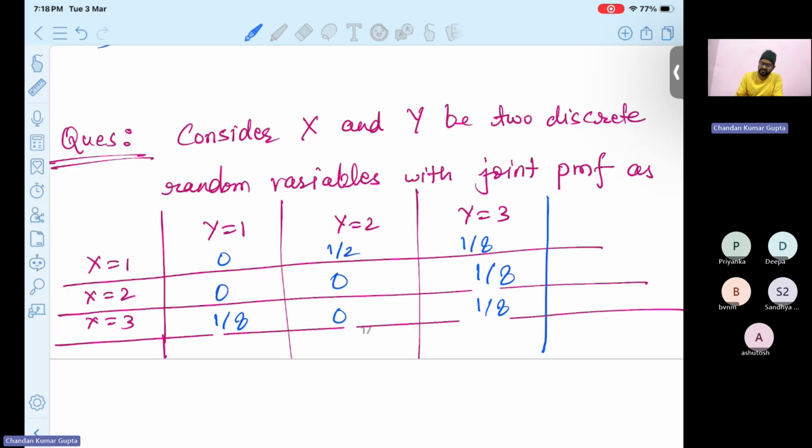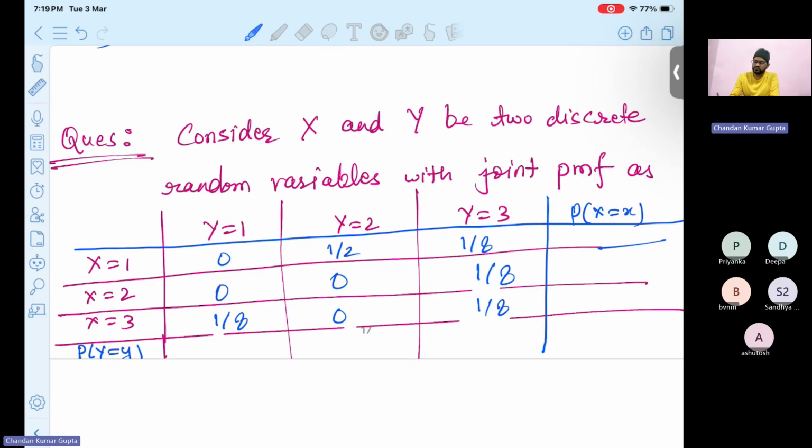Now we can calculate the marginals from here if you want. The marginal of x comes out to be 1/8 plus 1/2, that is 5/8, then 1/8, then 2/8, which sums to 1. For y it's 1/8, 1/2, 3/8.